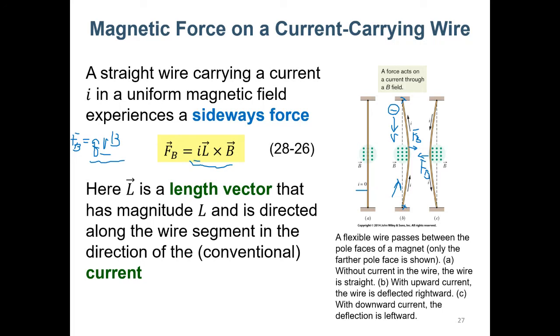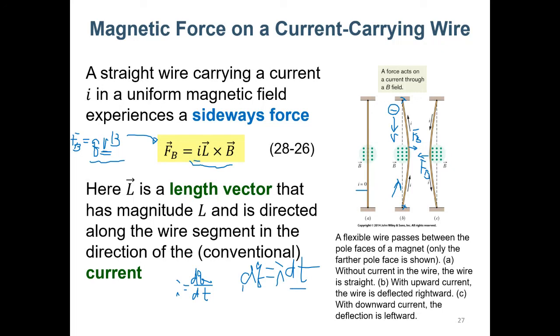Actually, you can do a change of variable. You can derive it from the Lorentz force to this one, because I is dq over dt. And v dt is dl. So dq would be I dt, and multiplying by v, dt times v would be dl.